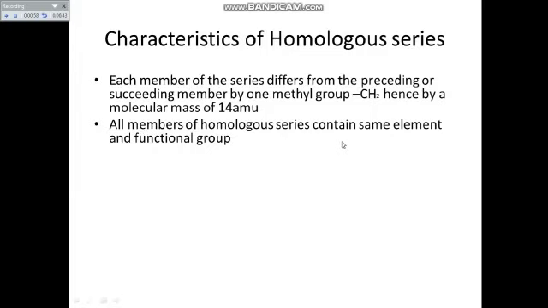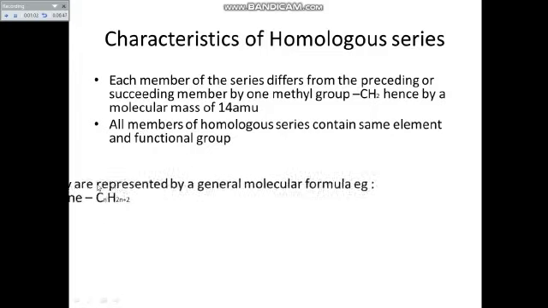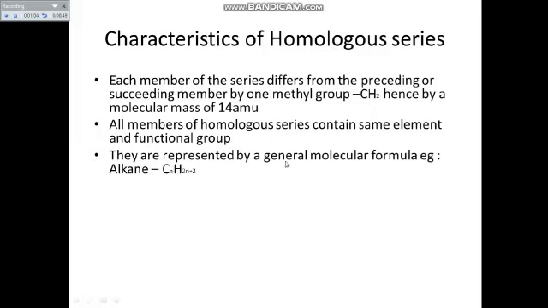All the members contain the same element and functional group, and they are represented by a general formula. For example, alkane CnH2n+2, alkene CnH2n, alkyne CnH2n-2. So it can be represented by a general molecular formula.